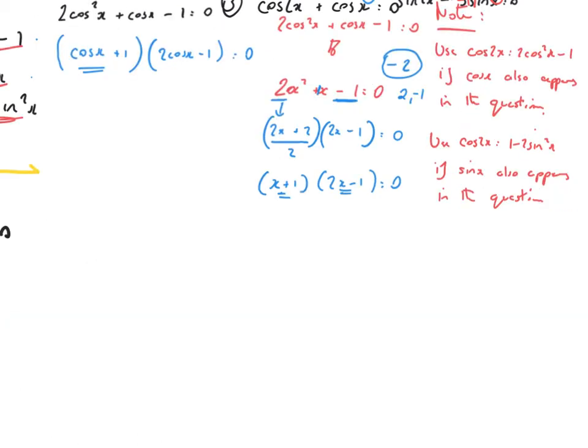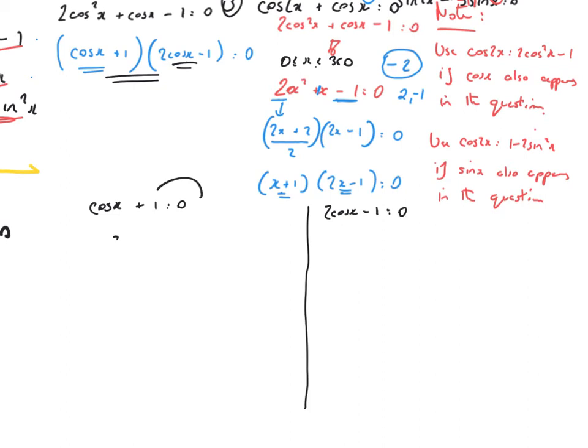Okay, right, so I'm going to take this now and put a line down the page, and I've got cos x plus 1 is equal to 0. I should have said at the start, solutions between 0 and 360. And over here, 2 cos x minus 1 equals 0. Okay, bring that over. Cos x equals minus 1.